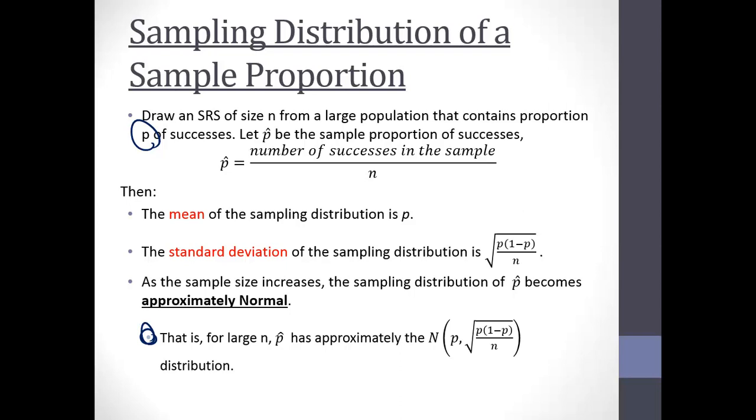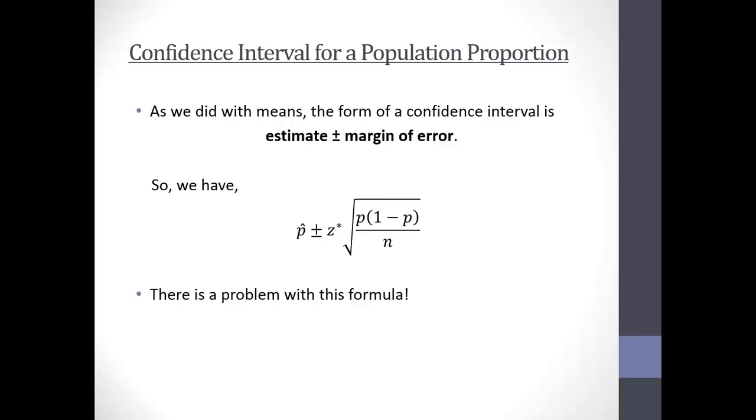Remembering exactly like we did before, the sampling distribution tells us the behavior of x bar and now p hat. Once we understand what that sampling distribution is, we can figure out our confidence interval here as well. It's still the same thing: our estimate plus or minus some margin of error.